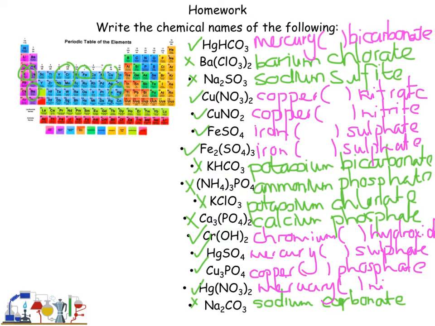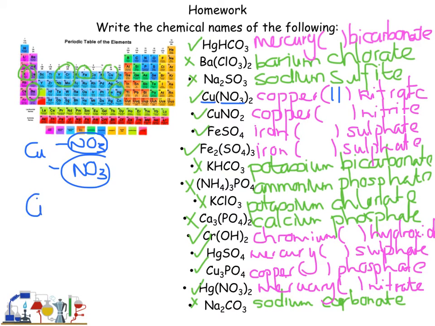So naming is quite easy until we get to this bit where we need to work out how many arms the various things have got. So the first one, I have got 1 copper and 2 nitrates, CuNO3, and NO3s come with 1 arm, which means that that copper must have 2 arms.